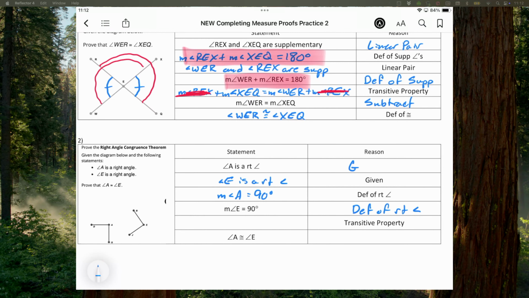Measure of angle A and measure of angle E are both equal to 90 degrees. Since they're both equal to 90, they must be equal to each other. Measure of angle A is equal to measure of angle E because of the transitive property. And then they are congruent because their measures are equal. That is definition of congruent.